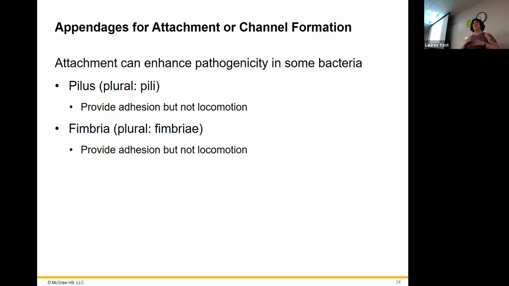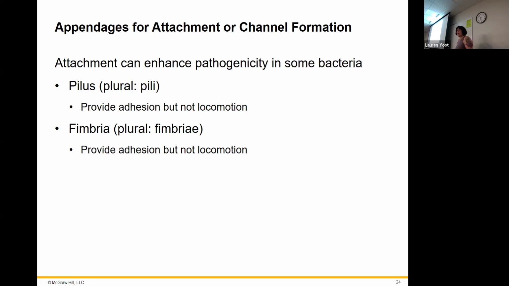All right, so the other appendages we have are the pili and the fimbriae. The pilus, or pili in the plural, sometimes provides adhesion, but it's not best known for that function. We'll talk about what it is best known for in a moment.